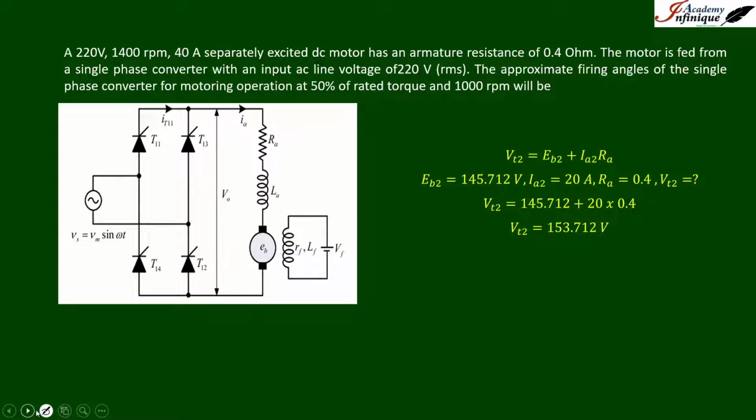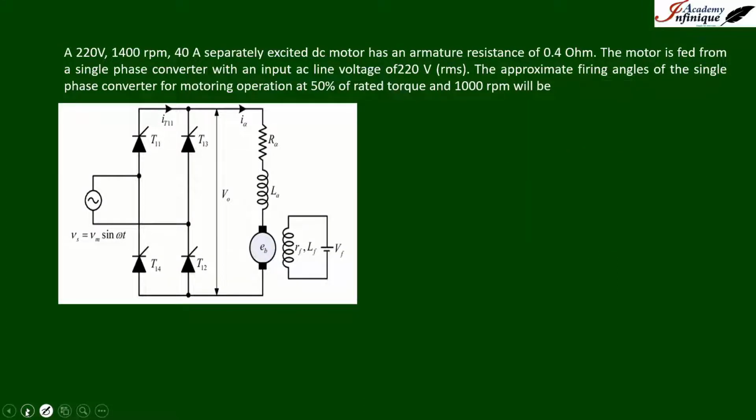Now previously it is calculated that Eb2 equals 145.712 volt, and current is 20 ampere, and the rest of the values are given and mentioned in the example. If we put their values, then the terminal voltage Vt2 will be 153.712. Now the first portion of load requirement is done.